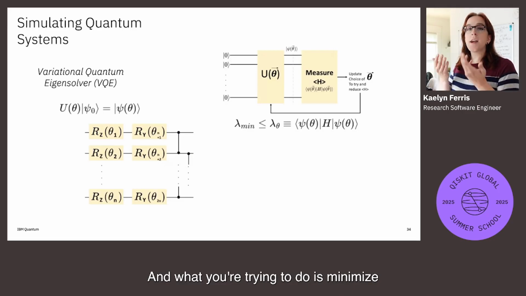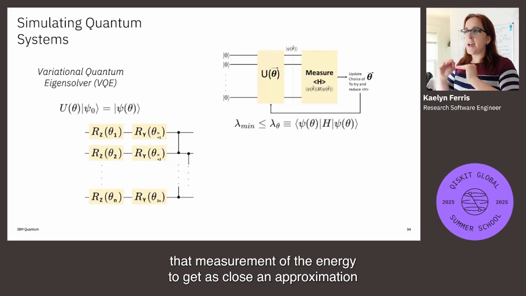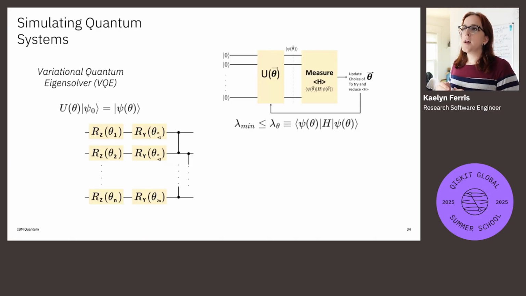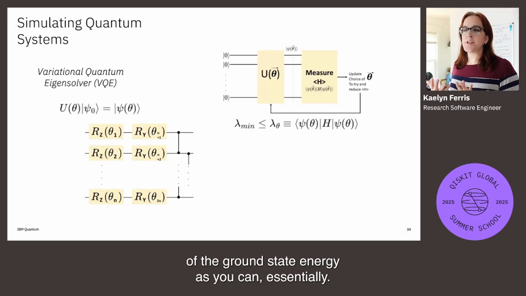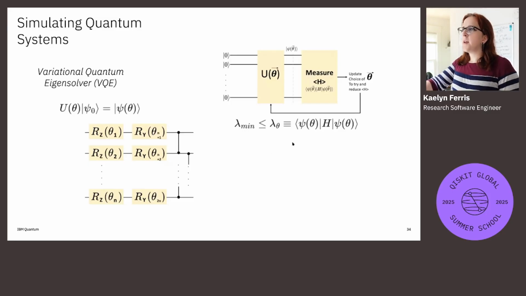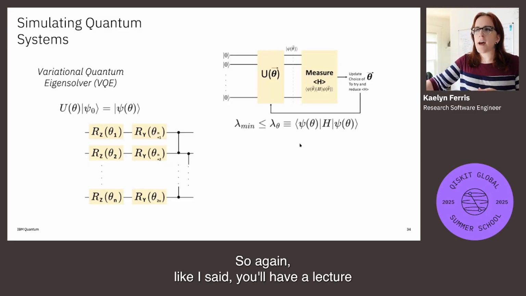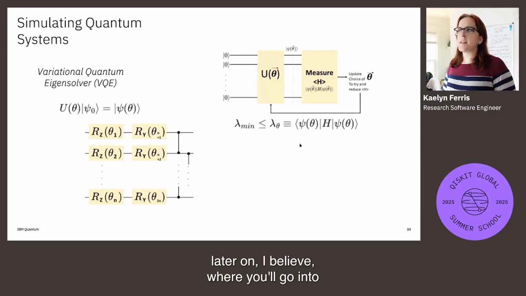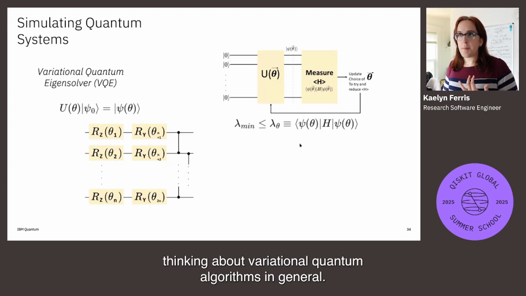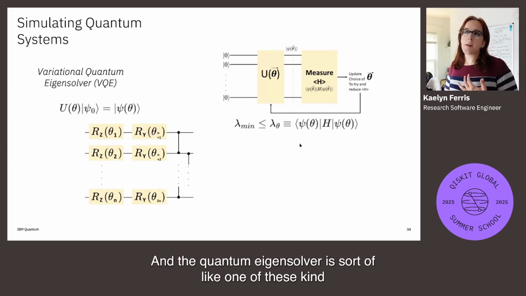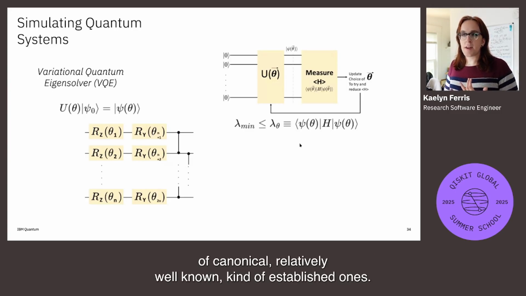What you're trying to do is minimize that measurement of the energy to get as close an approximation of the ground state energy as you can. Again, you'll have a lecture later on, I believe, where you'll go into variational quantum algorithms in general. And the variational quantum eigensolver is one of these canonical, relatively well-known, established ones.